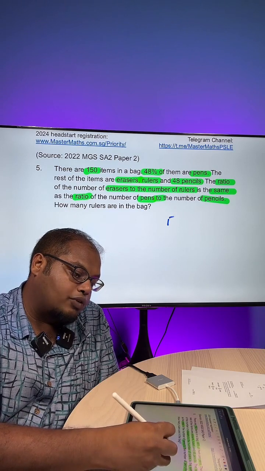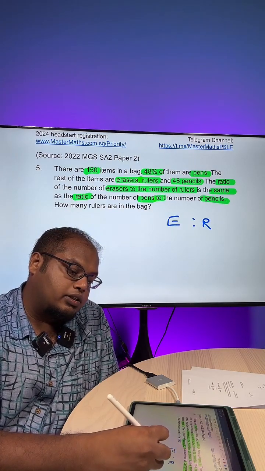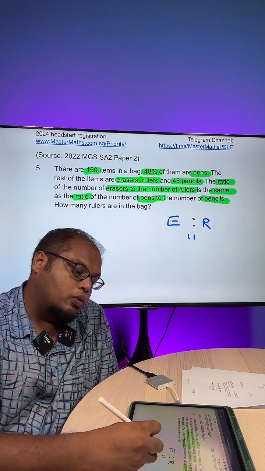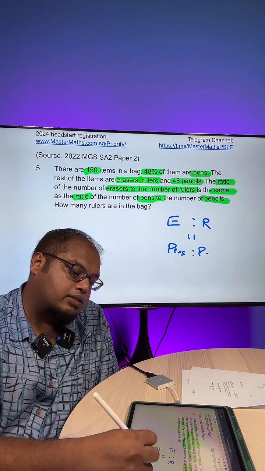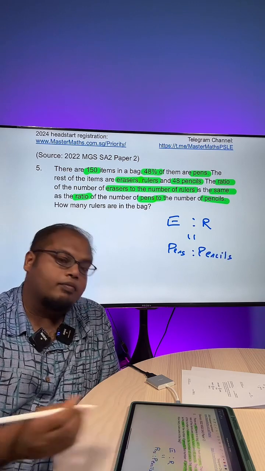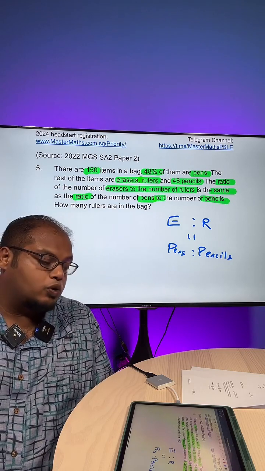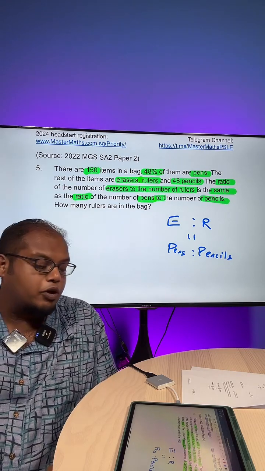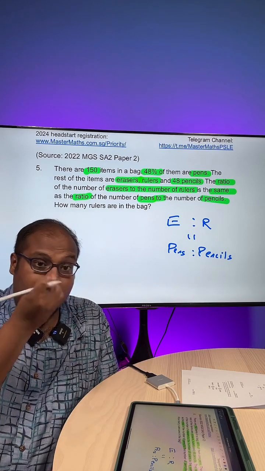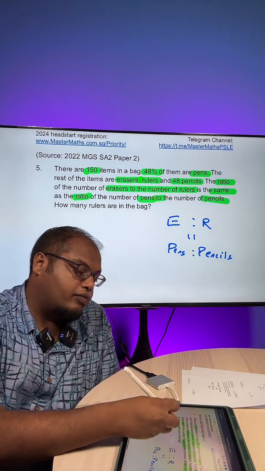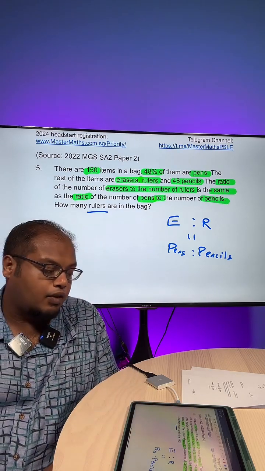The ratio of erasers to rulers is equal to pens to pencils. Must take note about that. It will be useful later when you're trying to solve this. The main conclusion to this question is they're asking for how many rulers.